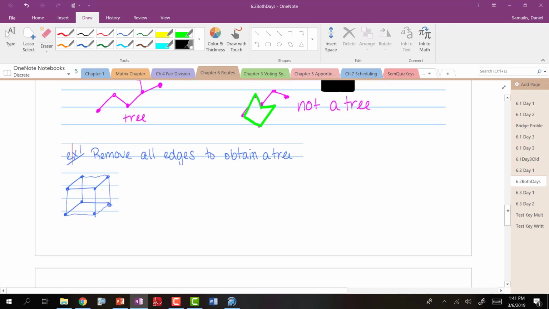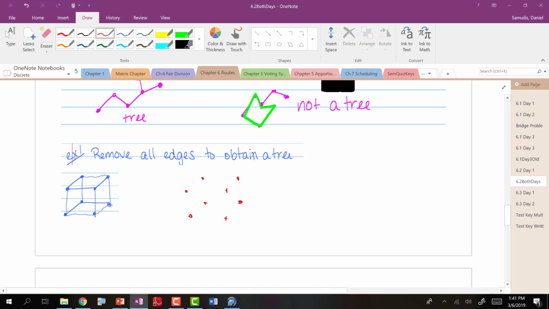Okay, so now this first one. This could go a whole bunch of different ways. It looks like a three-dimensional cube, right? That's what I attempted to draw. Now what we're going to do is try to make a tree out of this. The first thing you need to do, similar to when we were doing subgraphs, is draw the vertices.